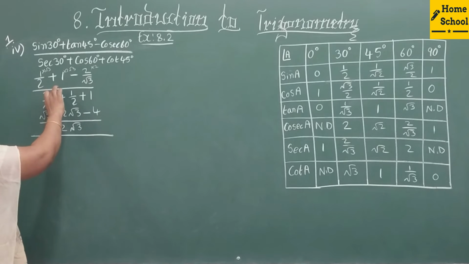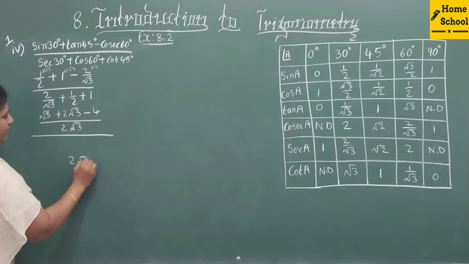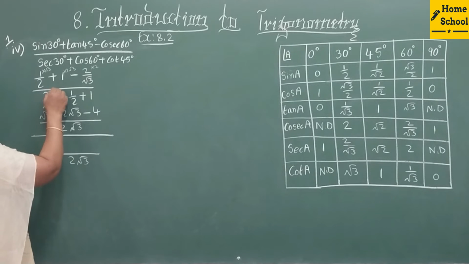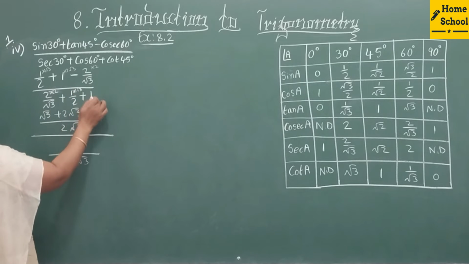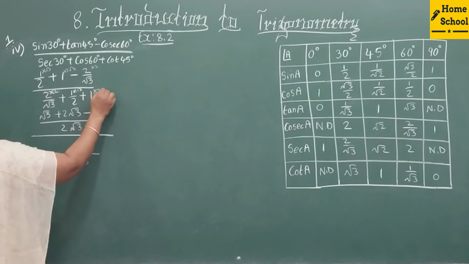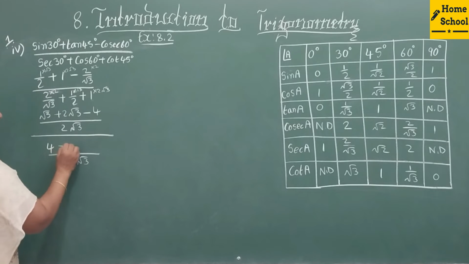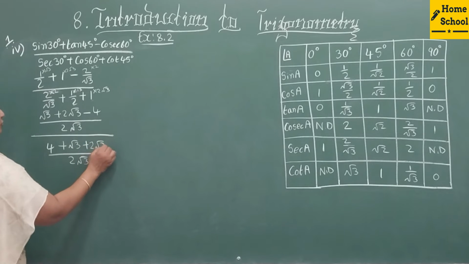Now for this one we are going to do the LCM. Root 3 and 2, again this also becomes 2 root 3. Here you have root 3, so what do you need to multiply? 2. Here you have to multiply root 3. Here only 1 you have, so multiply 2 root 3. That is 2 2s are 4 plus 1 into root 3 is root 3 plus 1 into 2 root 3 is 2 root 3.